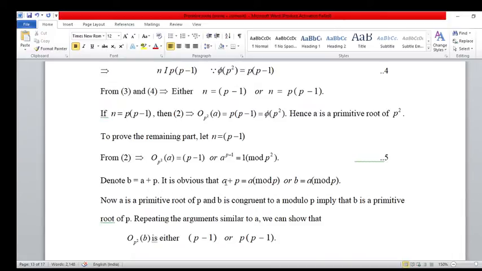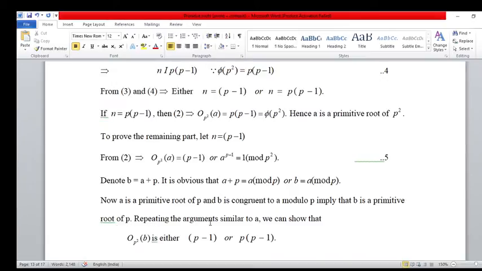It is obvious that b is congruent to a mod p. Now a is a primitive root of p, b is congruent to a modulo p, which implies that b is a primitive root of p.